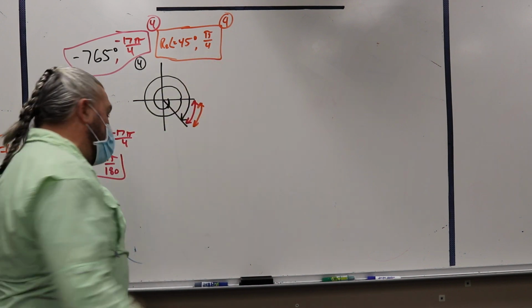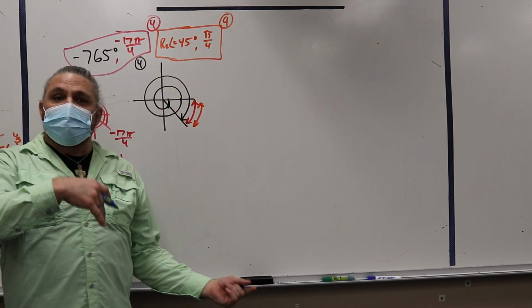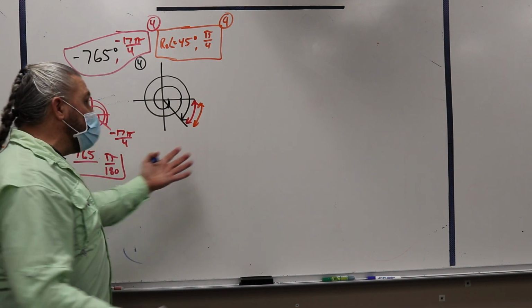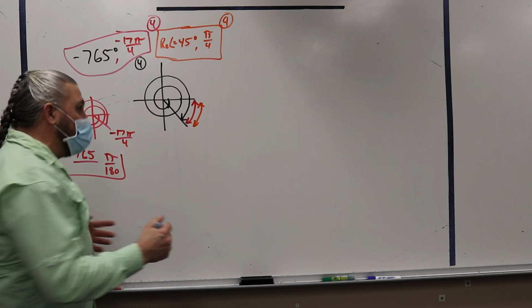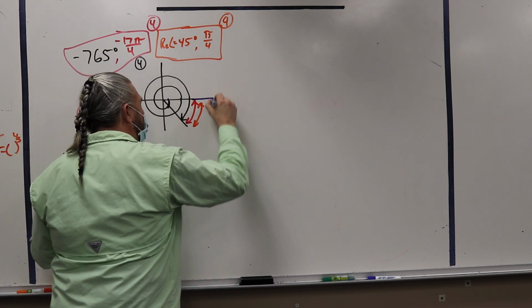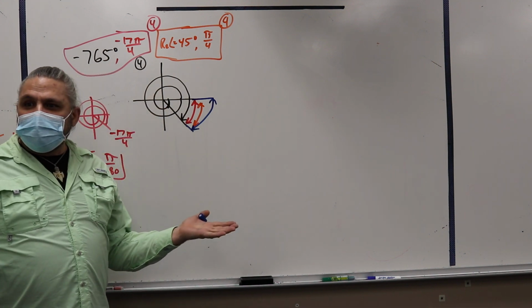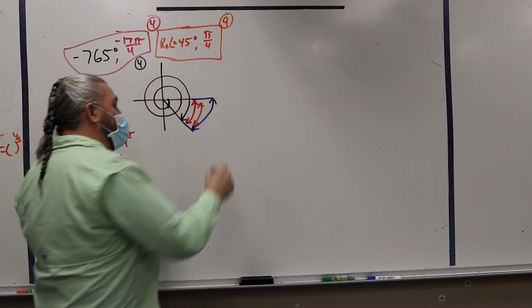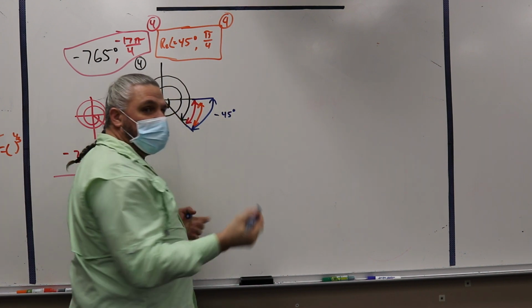And then I asked for coterminal, positive or negative. This one's easy because it goes around multiple times. So again, I know it seems kind of redundant, but there's my negative coterminal: negative 45 degrees.